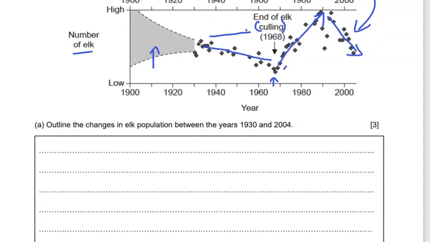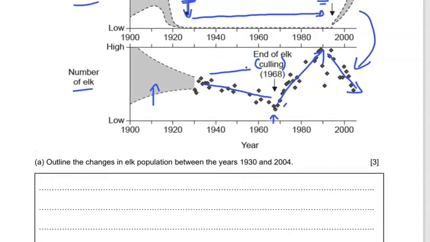So let's just go back to the graph. We're going from this point here to this point here, and you can see that there are essentially 3 phases.